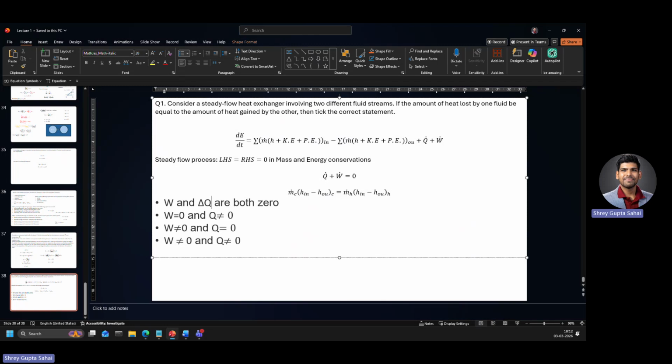So the delta is generally used for change in a state function. So this should be W dot and Q dot, but I don't mind. We are abusing notation, but that's okay. With W dot and Q dot both zero, that's the first answer to the first question.